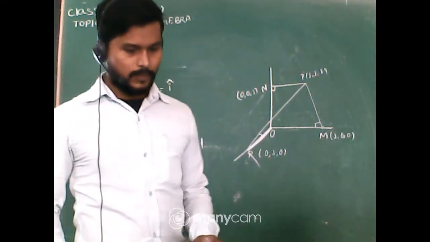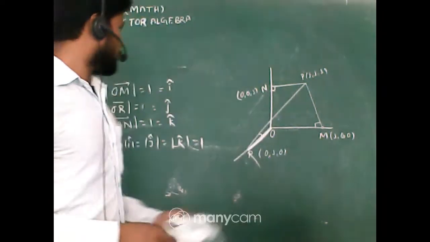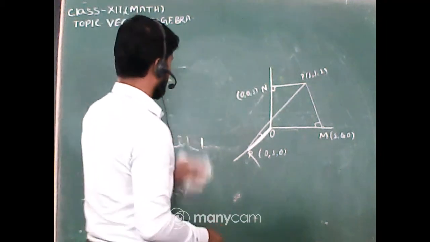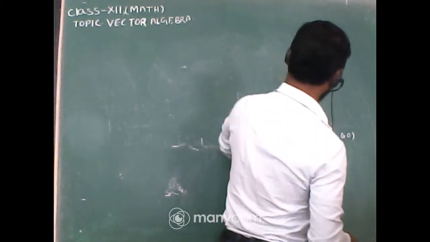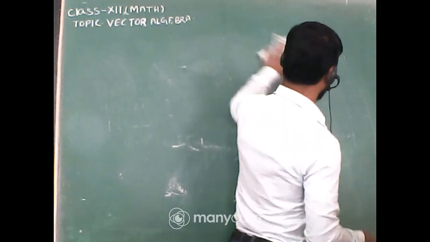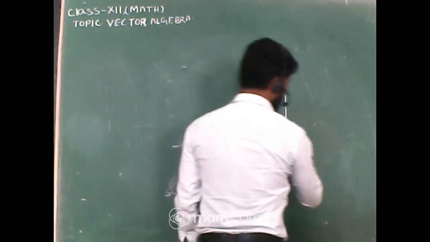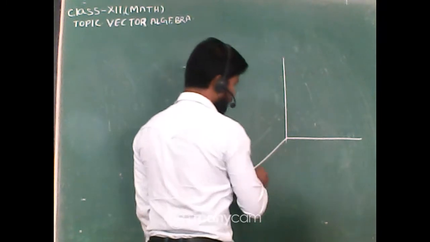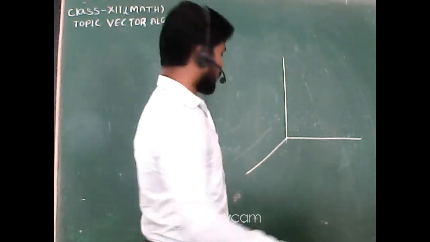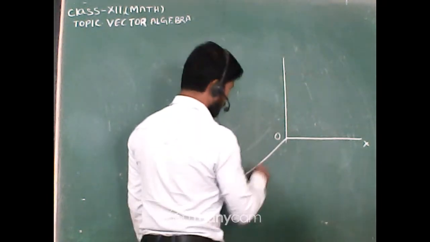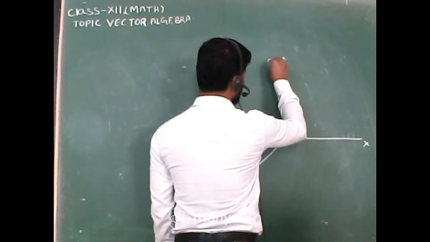Now we'll represent any point in vector form. What will be the vector form of any point? For that, let us consider three rectangular axes. This is point O, the X axis, Y axis and Z axis.